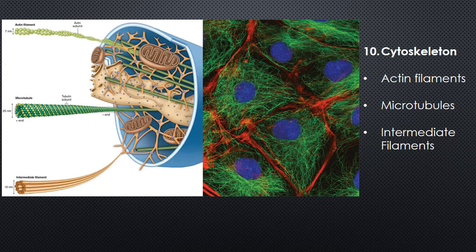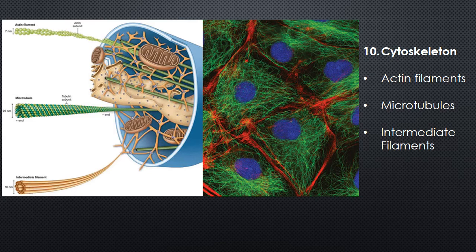Microtubules, again, provide support. They tend to be close to the nucleus. They usually come together in what we call the microtubule organizing center. And the main microtubule organizing center is what we call the centrosome, and that's the one that stays right near the nucleus.